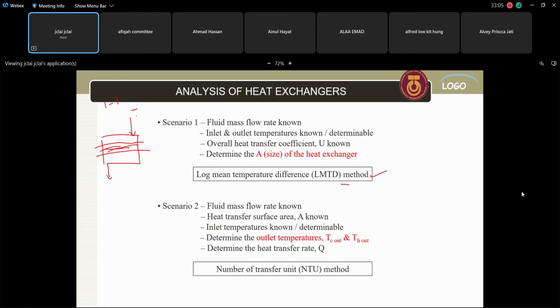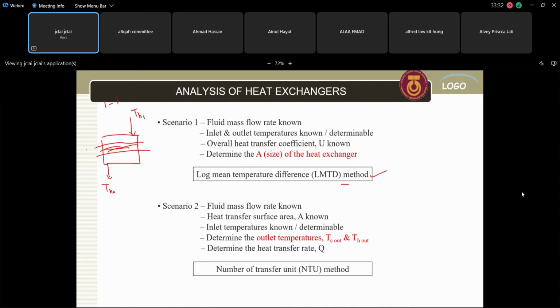Let's say this is a higher temperature. So this is TH in, then this is TH out. TH means hotter stream, right? The hotter stream enters the heat exchanger with THI, then exits the heat exchanger with THO, right?